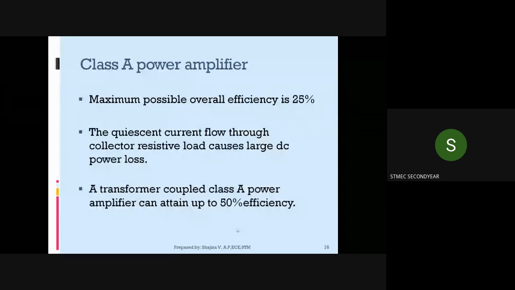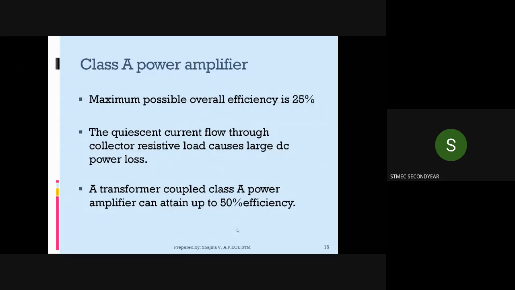Okay, so in order to improve the efficiency, we are using another configuration called the transformer coupled class A power amplifier. So we can improve the efficiency by twice. That is, we can obtain an efficiency up to 50% in the case of the transformer coupled class A power amplifier.